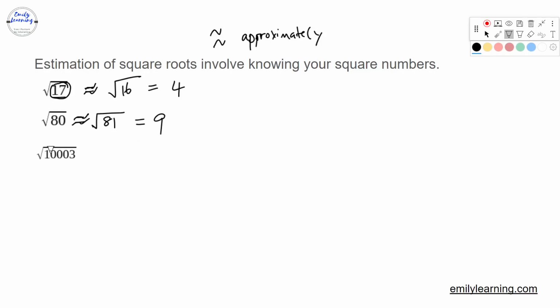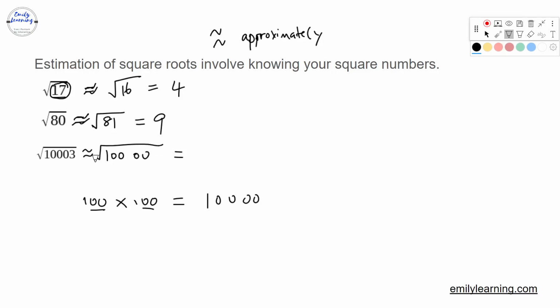Next, let's look at this. This number here, if you look at it, you'll think of 100 times 100. When you multiply 100 with 100, there will be 4 zeros, which equals 10,000. So this number here, 10,003, is very close to 10,000. So we'll first round it off to 10,000.